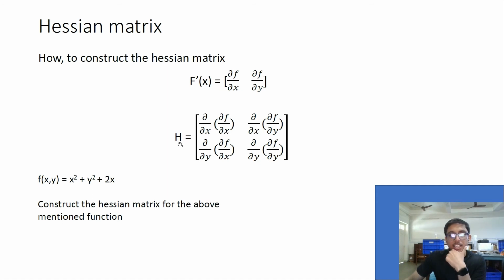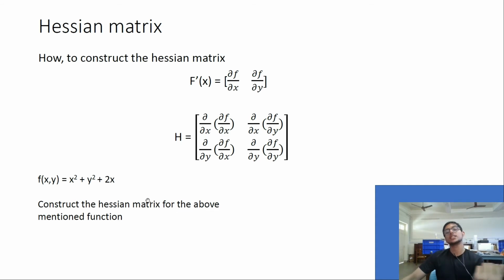To create the Hessian matrix, I will take this first element, first differentiate it with x, and then differentiate it with y. Then I will take the second element and again differentiate first with x and then with y. It is a step we can follow to avoid confusion in a higher order multiple variable function about which value goes where. So maybe we can use this now.